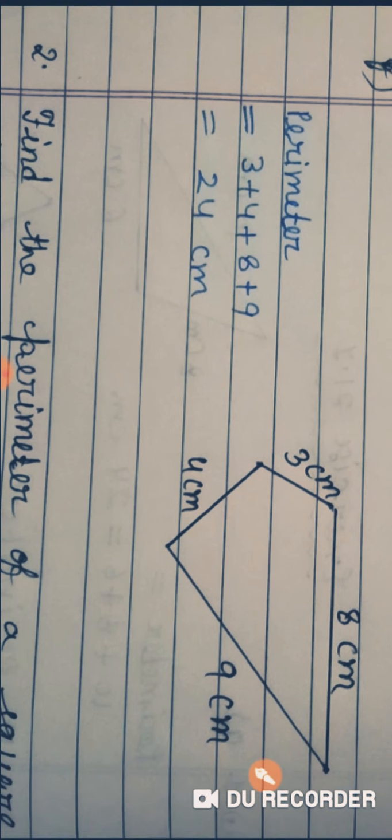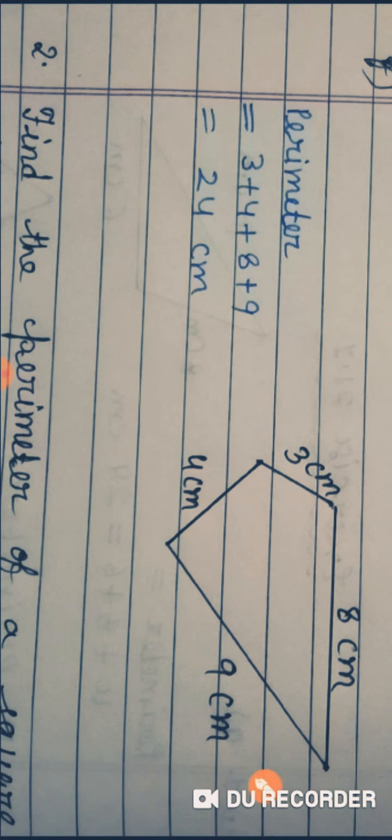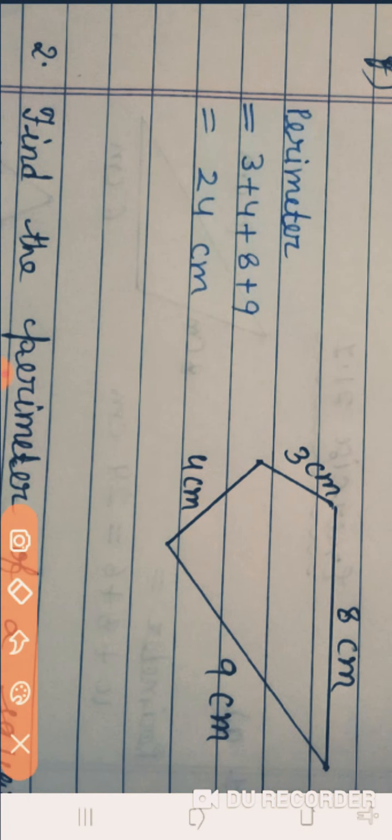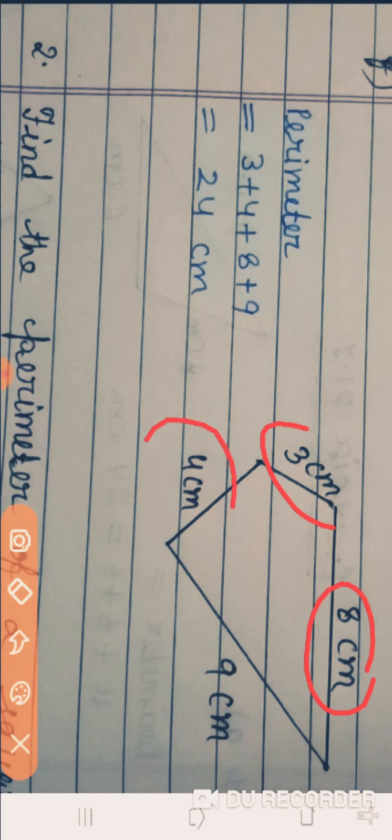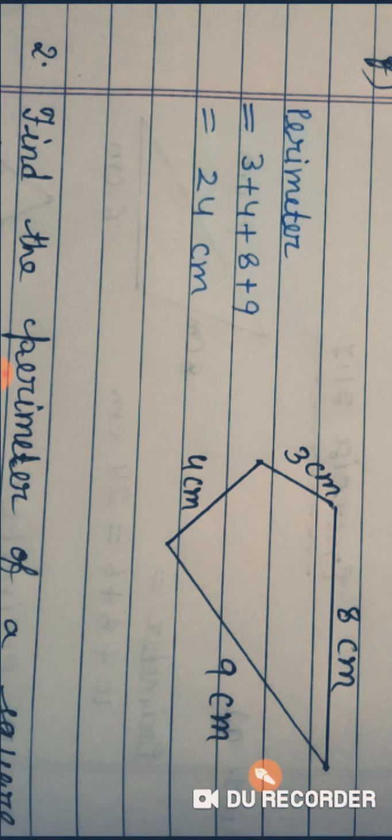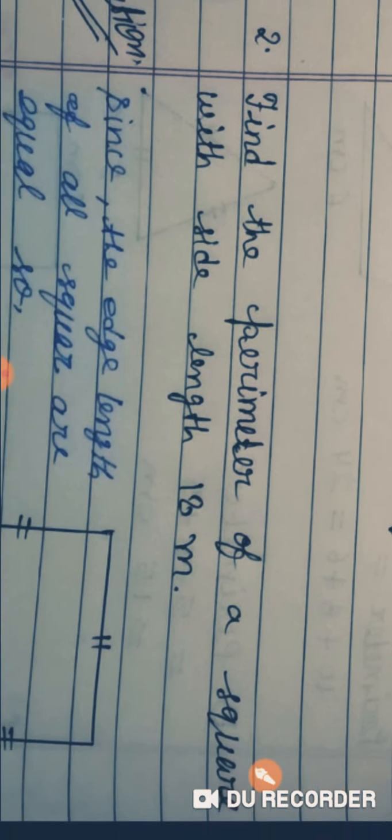Next one, for this given picture, you have to add all the edge lengths. So please tell. 3 plus 4 plus 8 plus 9 is equal to 24 centimeter. Very simple it is, na?